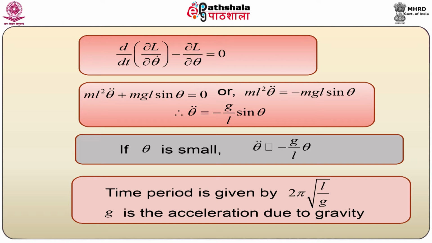This is the required equation of motion for the simple pendulum. Let us calculate the time period. Time period is given by 2 pi into root over L divided by g. We have already mentioned that g is the acceleration due to gravity.